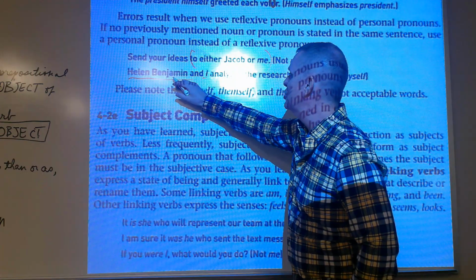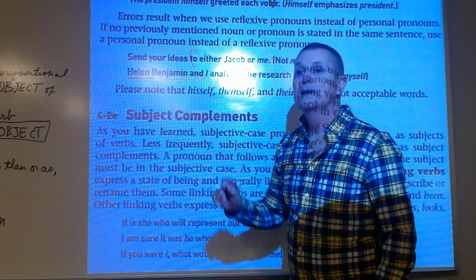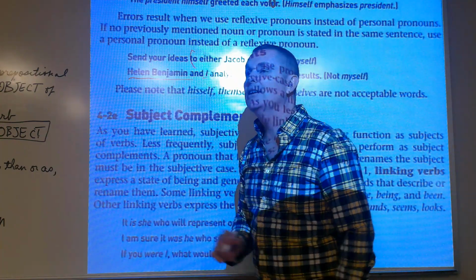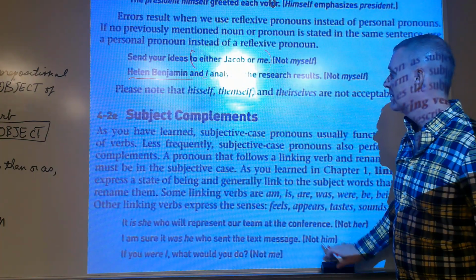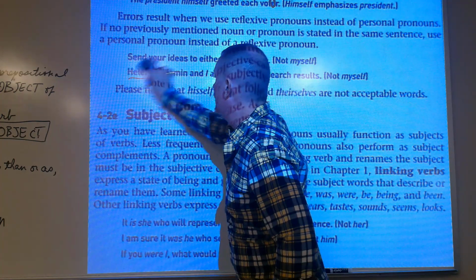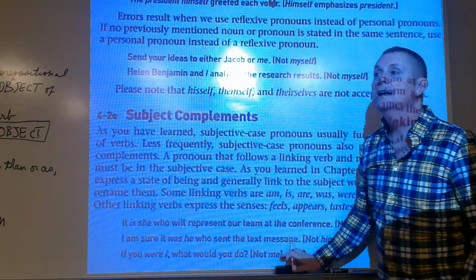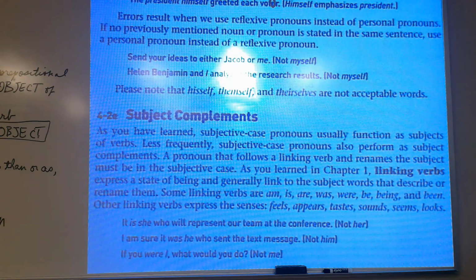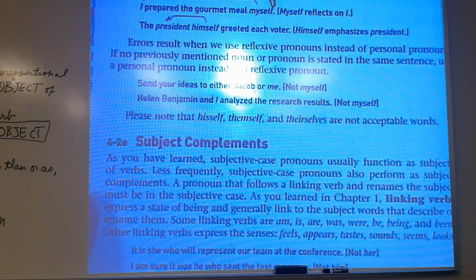Instead of Helen, Benjamin, and myself, use a subjective case pronoun since it's really not reflective. Avoid reflective pronouns if you can and replace them with the actual pronouns. Earlier, that worked a little bit better for I prepared the gourmet meal myself. I'm proud of what I did.